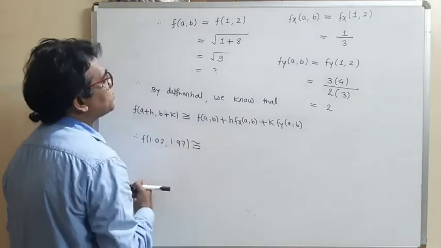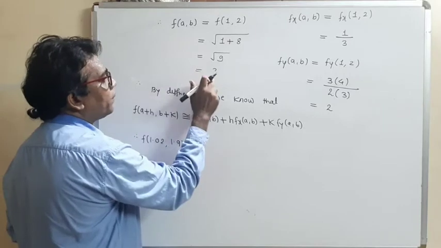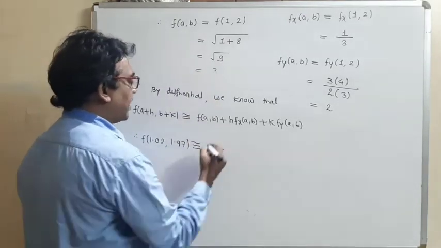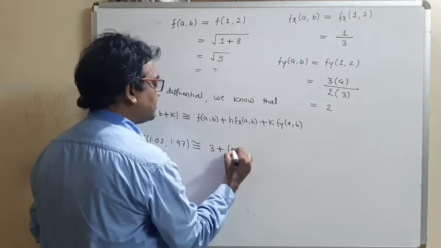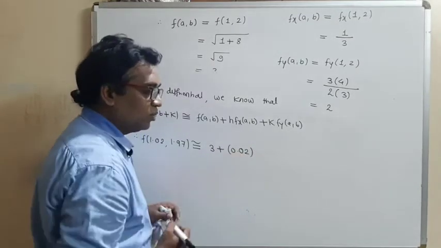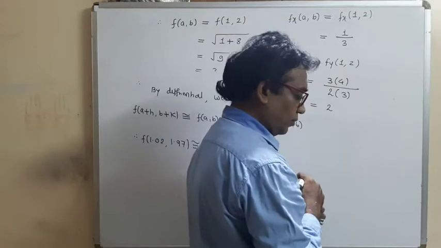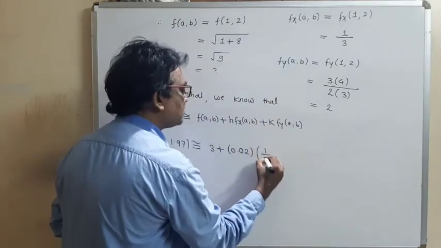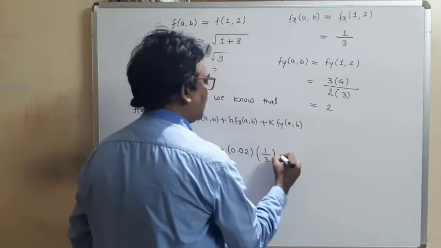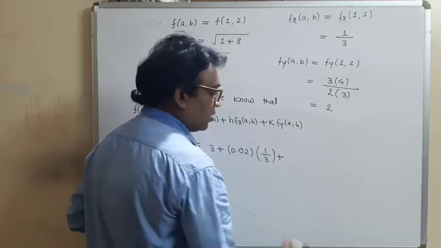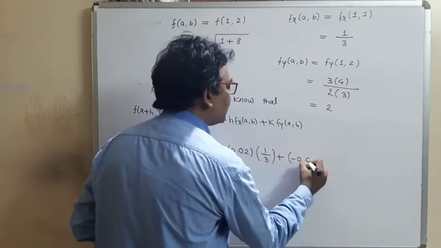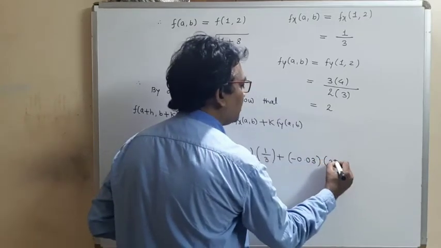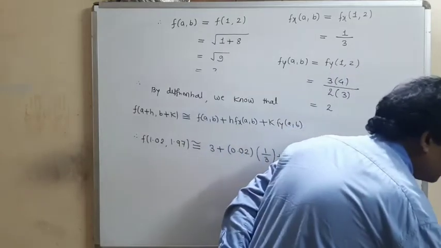This is approximately equal to f of a b, which we found as 3, plus h, which is 0.02, into f x, which is 1 upon 3, plus k, which is minus 0.03, into the value of f y at a b, which is 2.